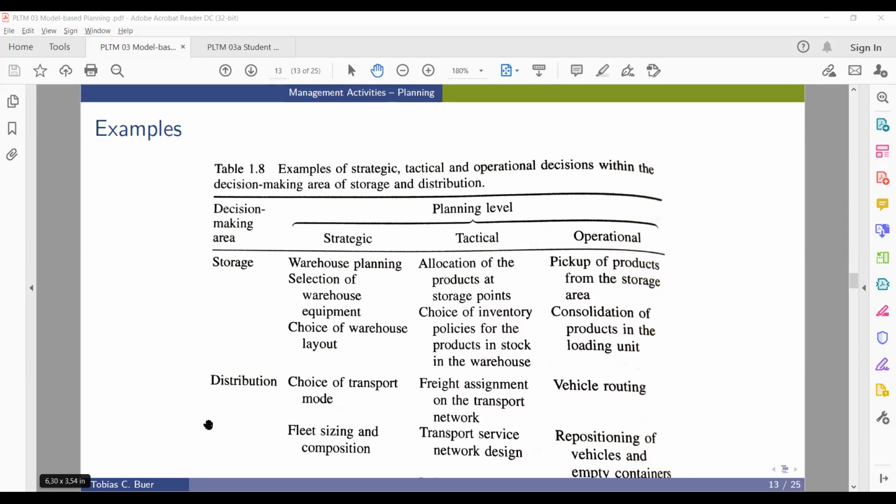Why is this important? In Europe, there are some bigger cities where you're not allowed to enter at any time of the day with your truck. So maybe the truck is only allowed to enter in the night time. If you have maybe an electric truck or a small truck, then you are allowed to enter during the day as well. So this depends on how you can decide about your logistic services.